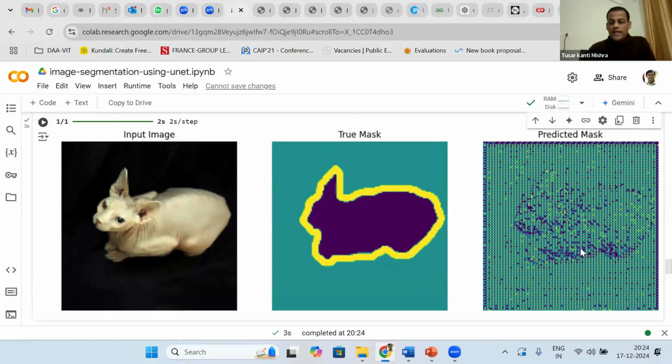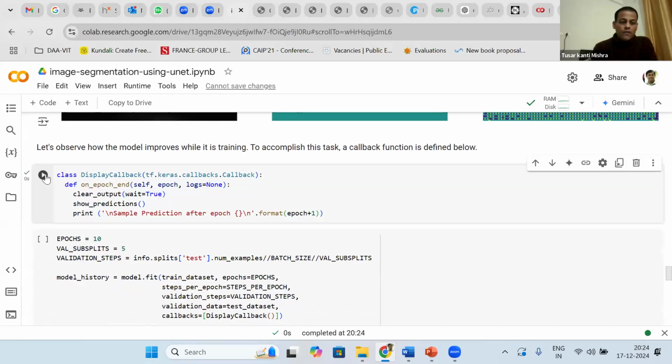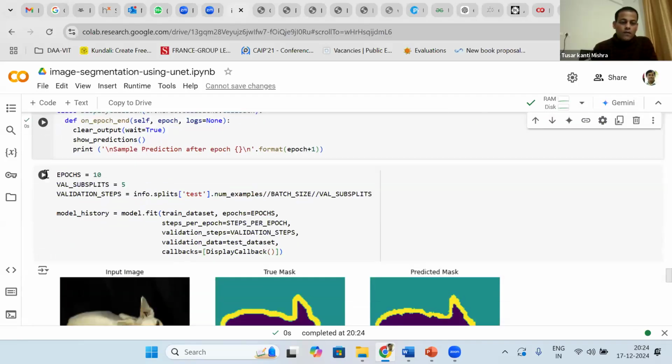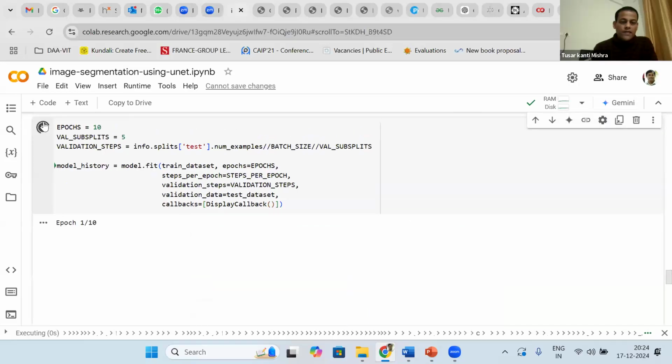The rightmost figure is the true mask that we have already seen at the beginning, and this one is the actual input image. Here we are going to implement some improvement.